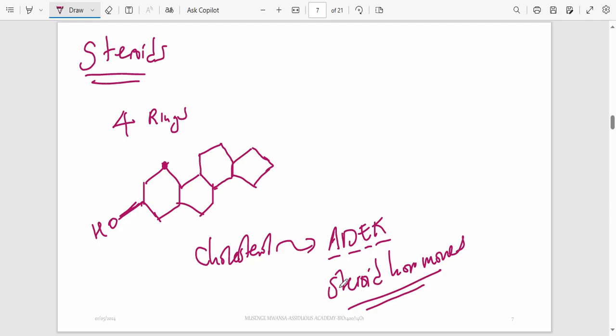These hormones are going to come from cholesterol. Very important. You've heard of hormones like estrogen, which control the secondary physical characteristics of a female, like having breasts and other things like that. These are steroid hormones, okay? Basically, sex hormones.